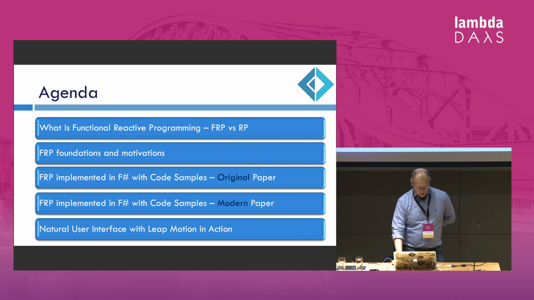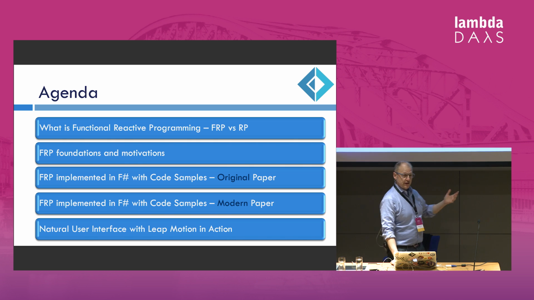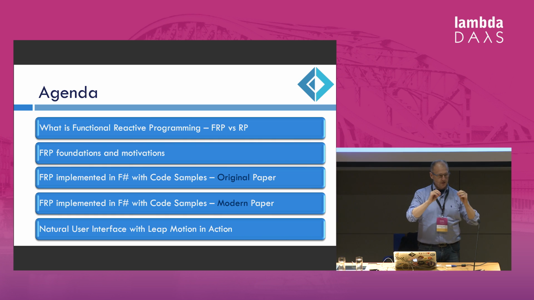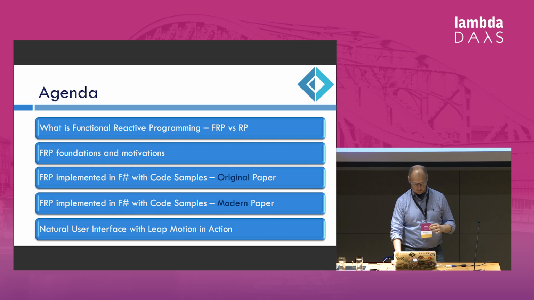So the agenda, we're going to cover, of course, what it is, and I will talk about the difference between reactive programming and functional programming. There is a bit of confusion between these two terms.